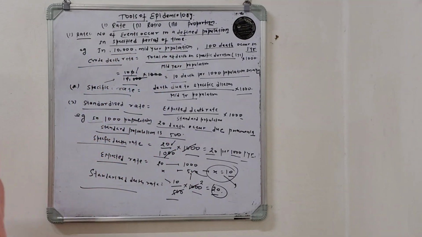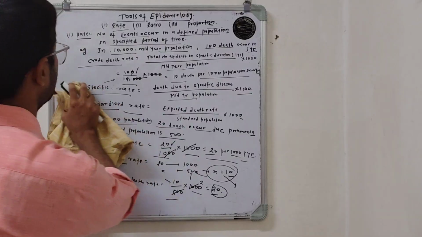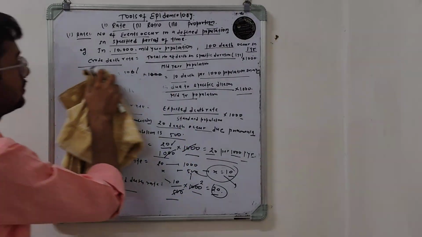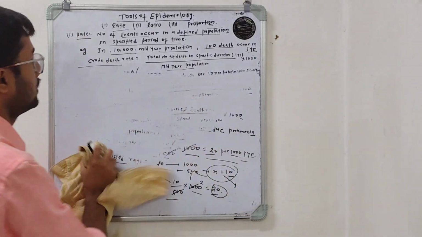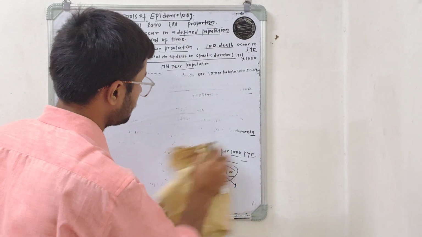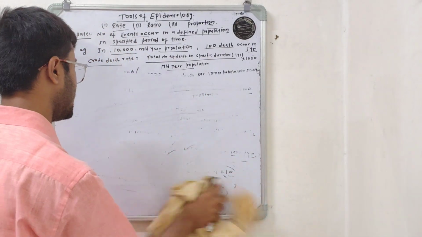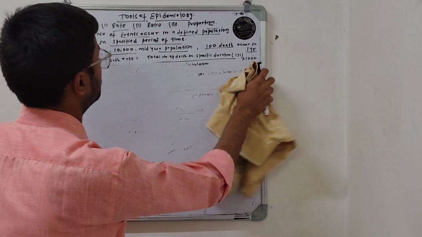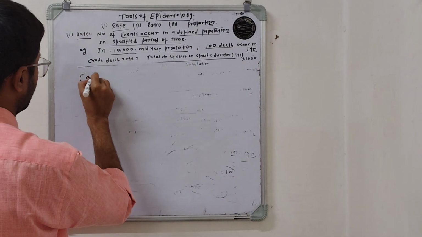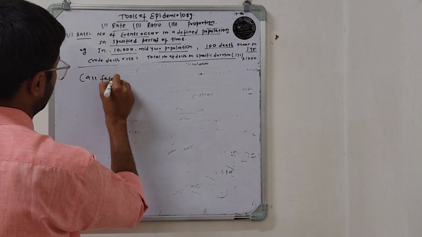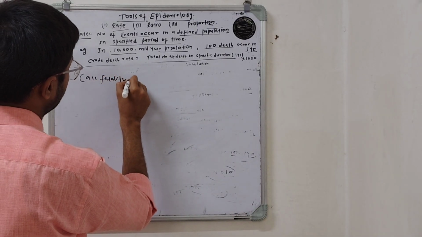Two more formulas are also included in the tools of epidemiology rates. One is the case fatality rate. So what is this case fatality rate?